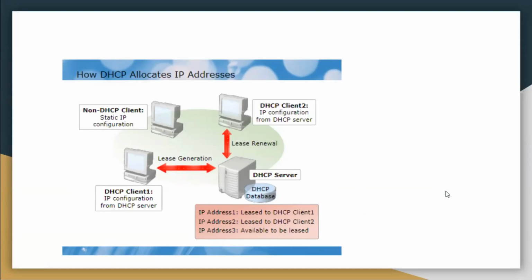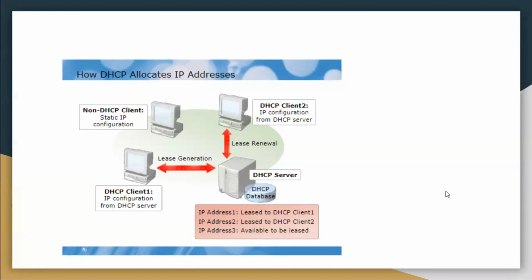DHCP assigns an IP address when a system is started. A user turns on a computer with a DHCP client. The client computer sends a broadcast request called Discover, or DHCP Discover, looking for a DHCP server to answer.